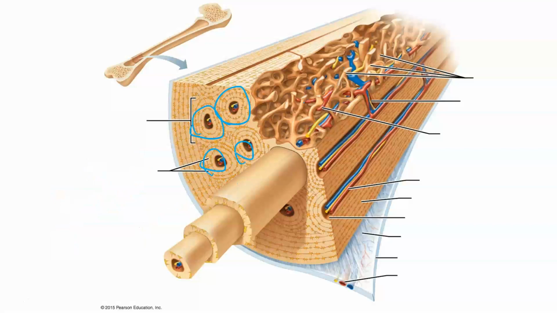They're packed in with one another. And specifically, if we took one of these and we drew it out, it would look something like this. We would see concentric circles of bony material nested in one another. And this would run the whole length of the bone.